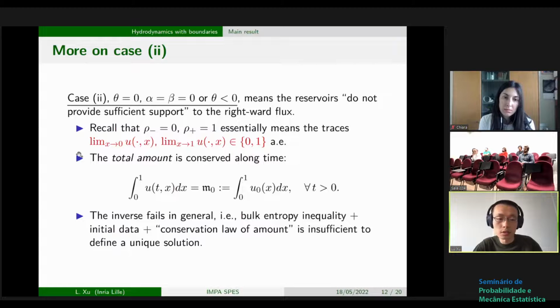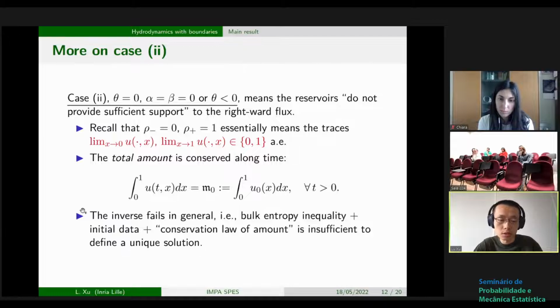Another thing easy to observe is that in this case, the total amount is conserved along time. This is easy because, for example, if theta is small, then very few particles can exchange with the outside world, so the total amount should be conserved. A common thought is, can I define the entropy solution not with the boundary condition, but with this conservation law of total amount?